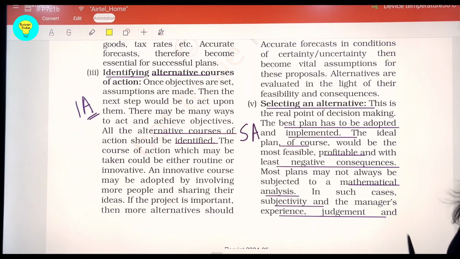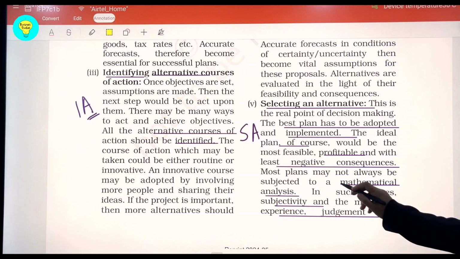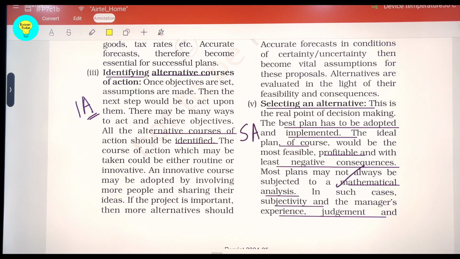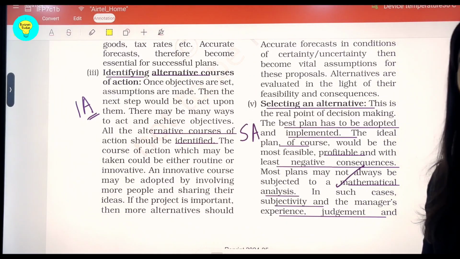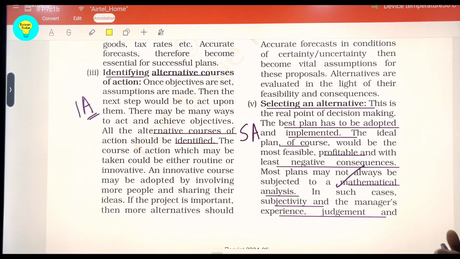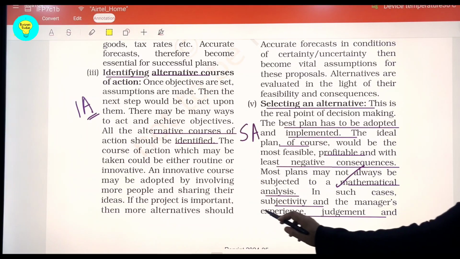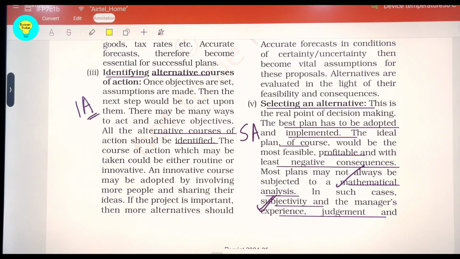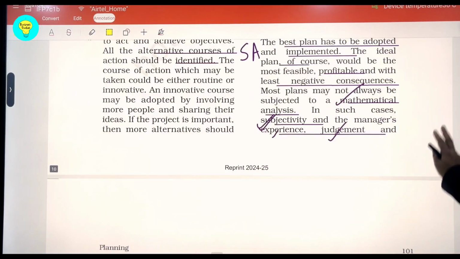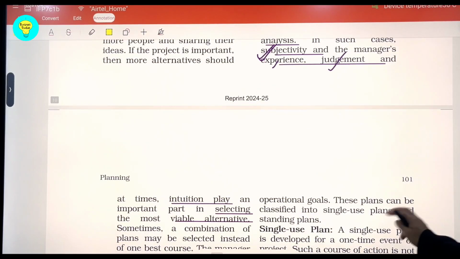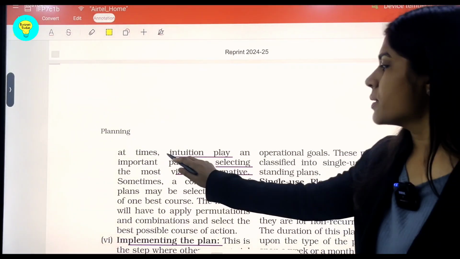And always remember students that selection of this alternative is mathematical because it is based on many calculations for judging the accuracy of the selected alternative, and it is also subjectively based on the experience, judgments, and we can say the intuition ability of the managers involved.